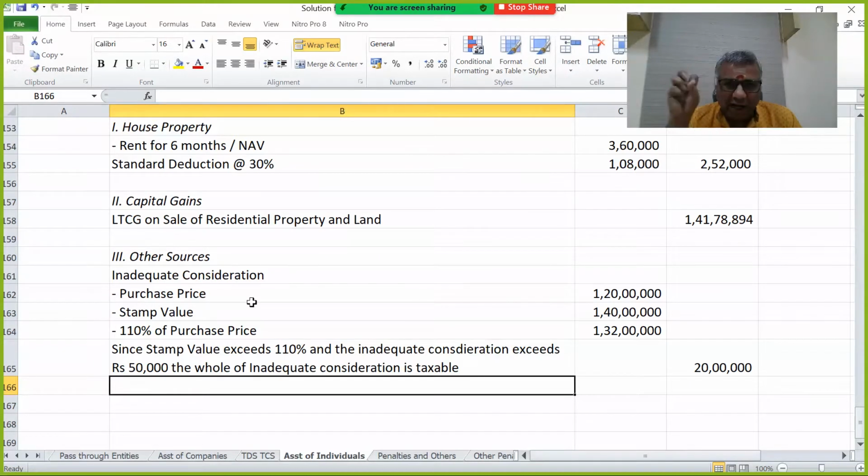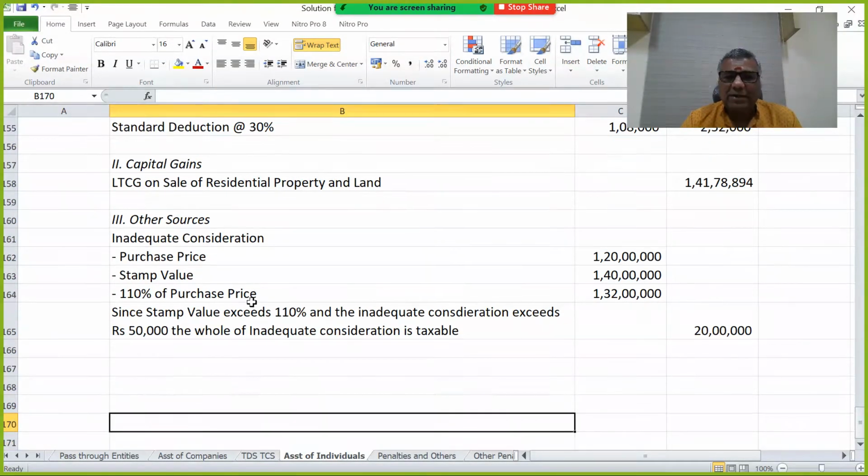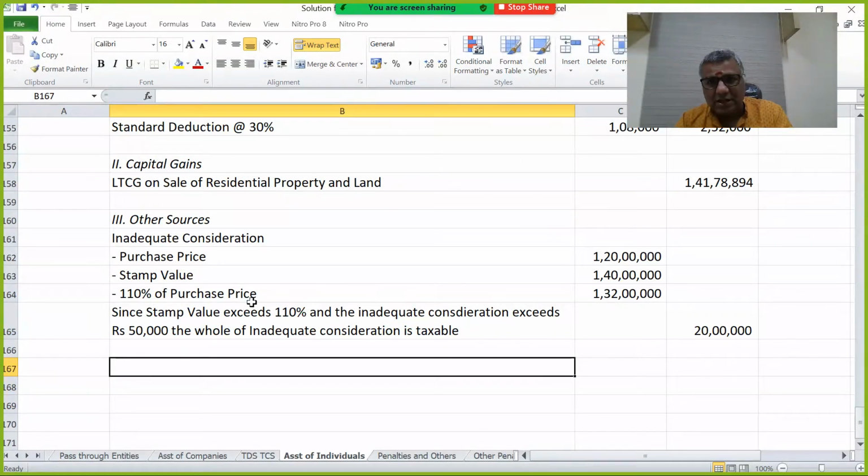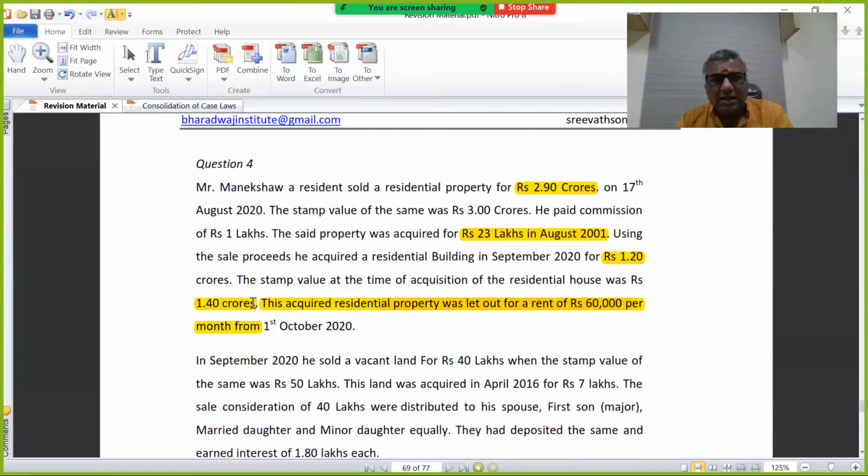At the time of purchase, one responsibility is to deduct tax at source if the consideration exceeds the limit. But from my income perspective, if there is a difference between stamp value and purchase price and the stamp value exceeds 110%, 10% here and there is acceptable. But if it is exceeding, then inadequate consideration applies. Remember that as a concept.